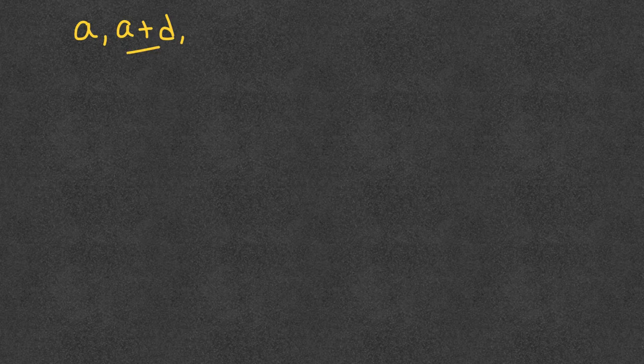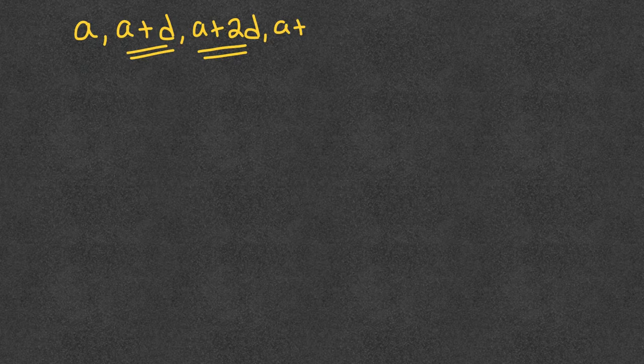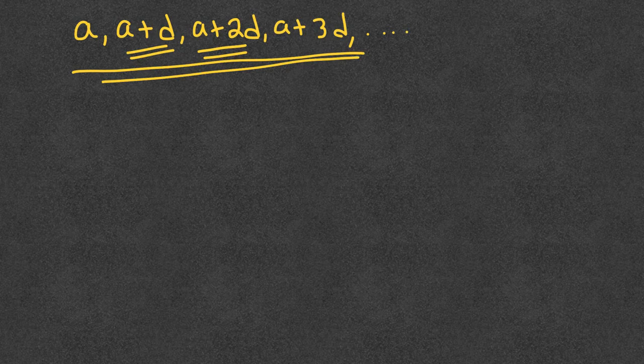It's going to be A plus D plus D, which is A plus 2D. What is going to be the fourth term? It's going to be A plus 2D plus D, which is A plus 3D, and so on. So, this is called the general form of the arithmetic progression.